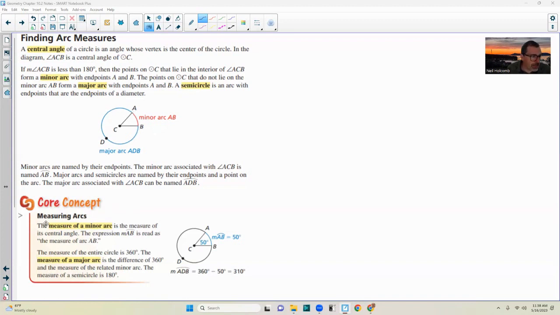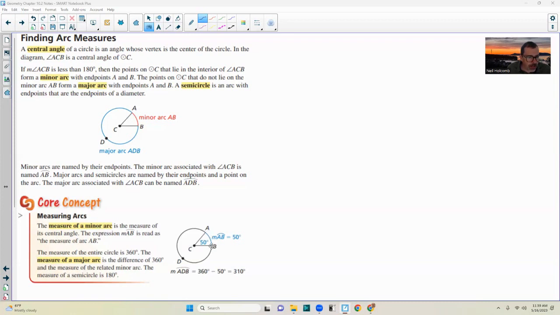So the core concept here is measuring arcs. The measure of a minor arc is the measure of its central angle. The expression measure of arc AB is read as the measure of arc AB. The measure of the entire circle is 360 degrees. The measure of a major arc is the difference of 360 and the measure of the related minor arc.